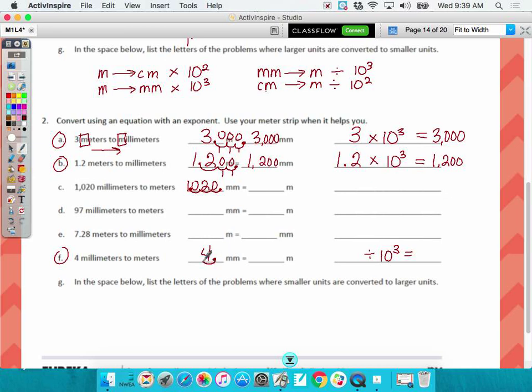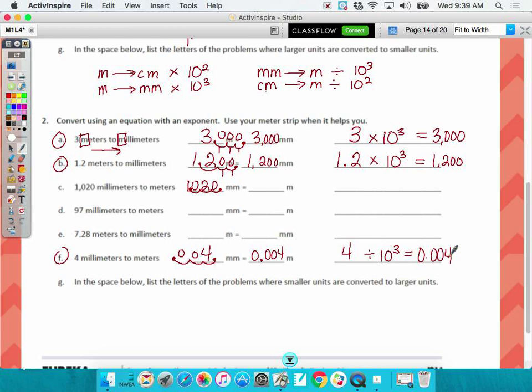After the 4. And how many place values? 3. How many zeros do I fill in with? 3 altogether, right? How many after the decimal? 2. So the answer, Jay, you want to tell me the answer? 4 thousandths. Awesome.